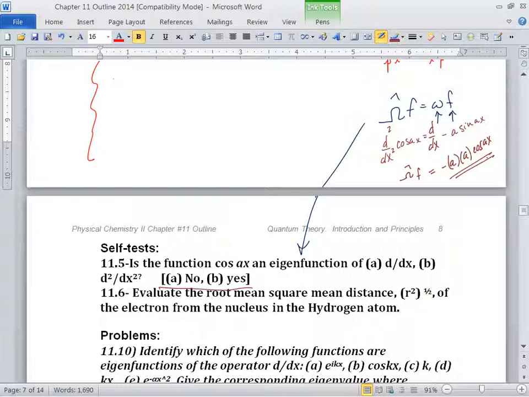My omega part is going to be negative a squared. That would be the eigenvalue.